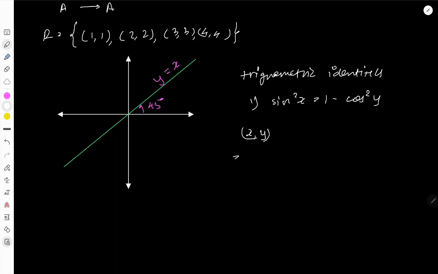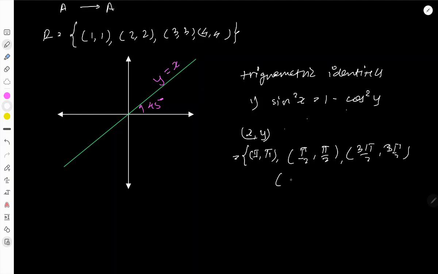This is a relation that we are defining, that is an equation, a function we can say now that we are defining, and the elements would be pi comma pi, pi by 2 comma pi by 2, 3 pi by 2 comma 3 pi by 2.